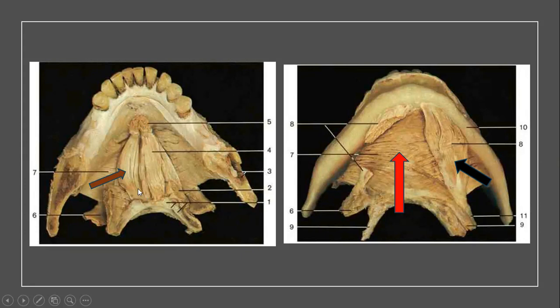That is your geniohyoid, and also that muscle there which has been cut, and its counterpart on the other side, coming from the hyoid bone going to the tongue. That is your hyoglossus, and also styloglossus, which has not been shown there. Those three form the third muscular plane, and finally the fourth muscular plane will be formed by that muscle which has been pointed there, which has been cut largely, and that is your genioglossus.